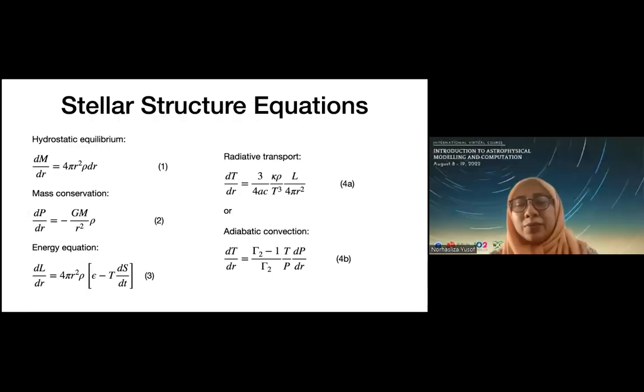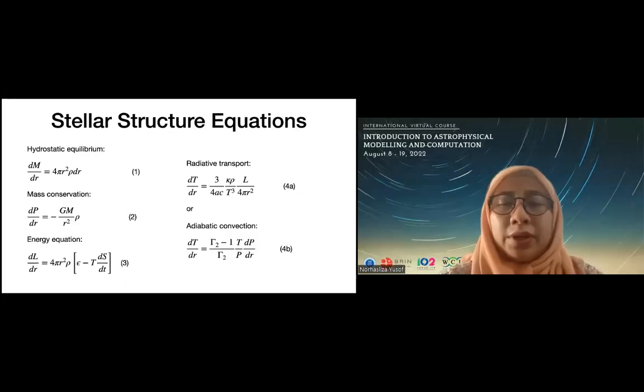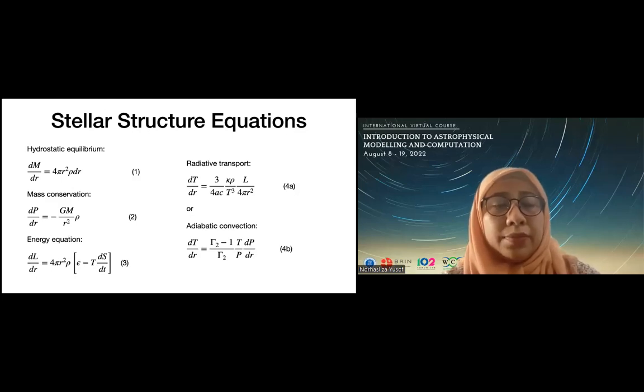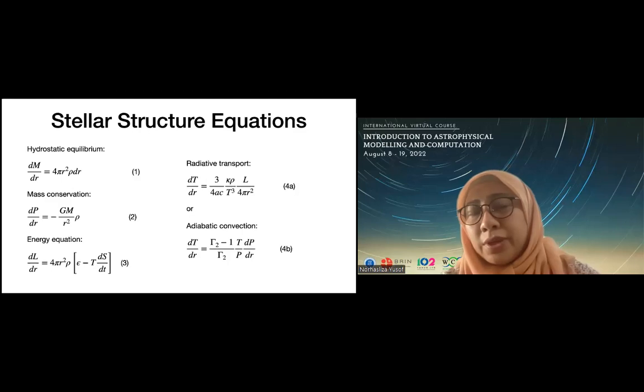It is because of the transport mechanism implemented for that particular star. First of all, when we speak about hydrostatic equilibrium, and we assume that our star is in spherical symmetry, you can see that the rate of change of mass with radius is equivalent to 4 pi r squared rho dr.